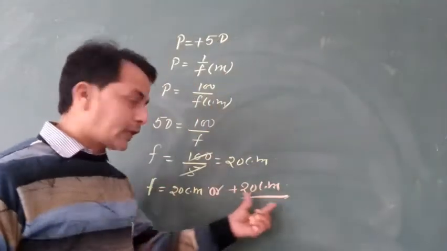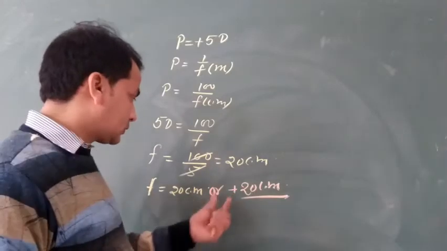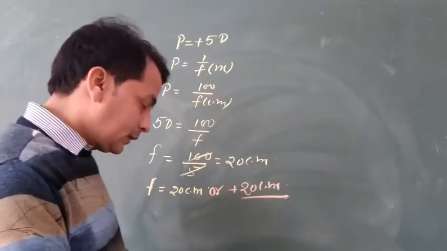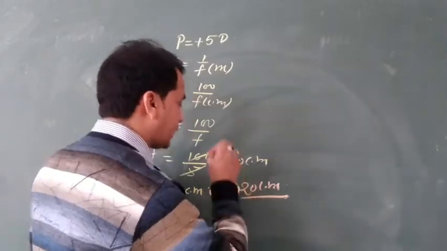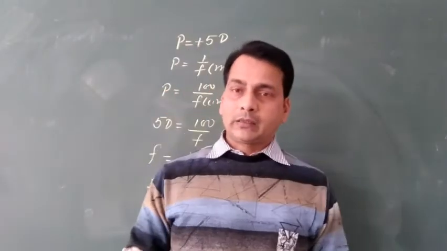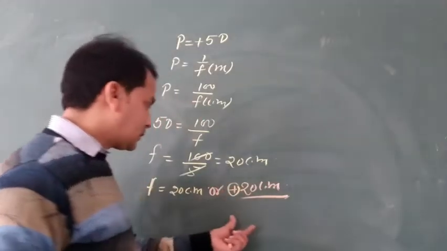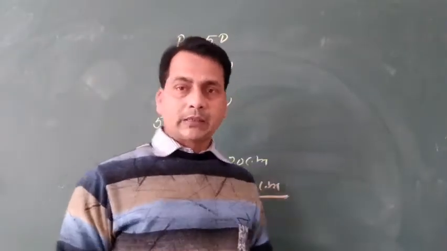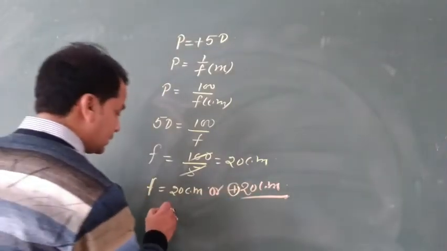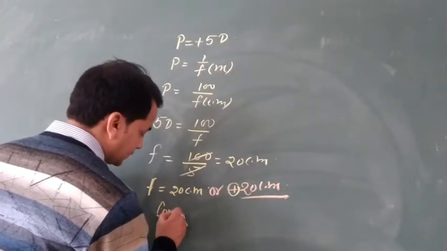According to the sign of this focal length, that is positive. If the focal length is positive, then the lens will be a convex lens. So here the lens is a convex lens.